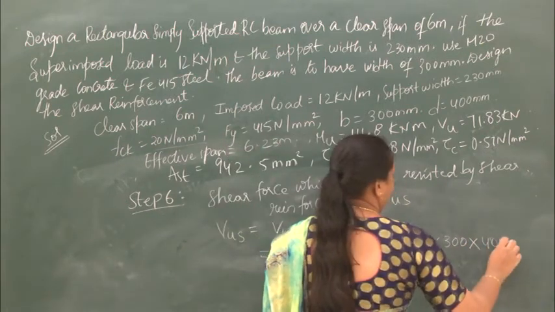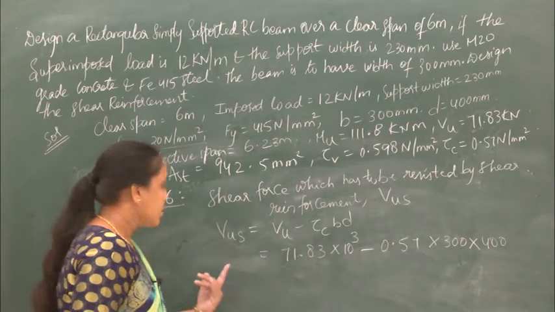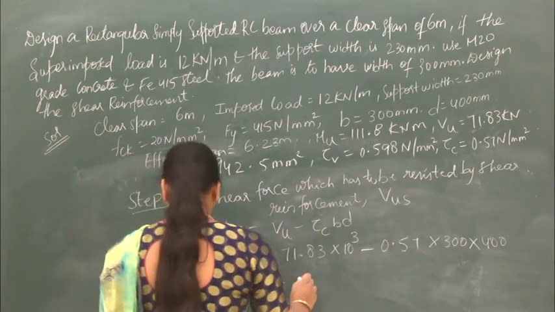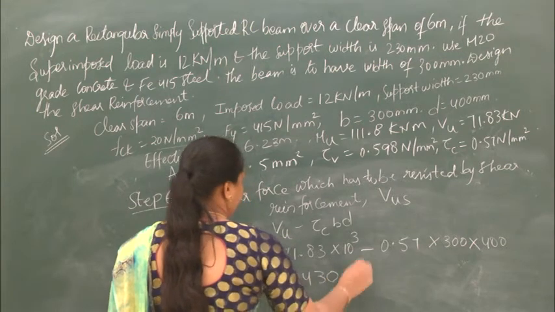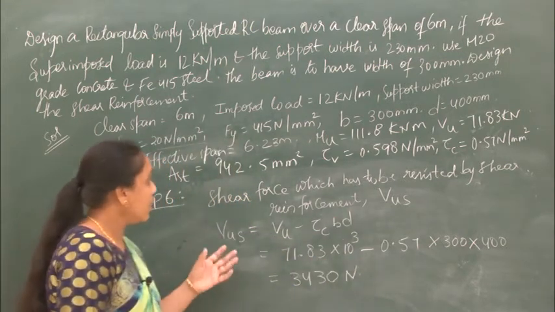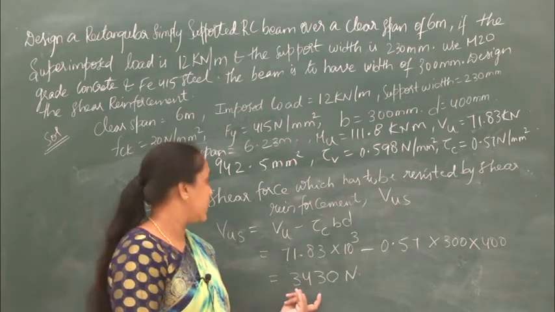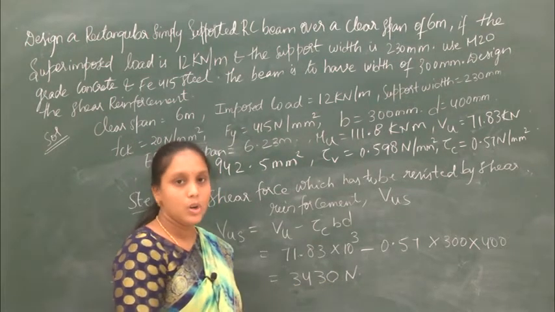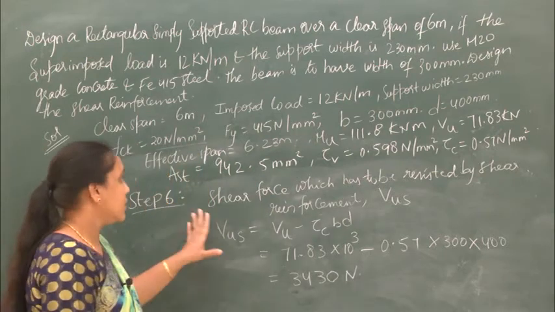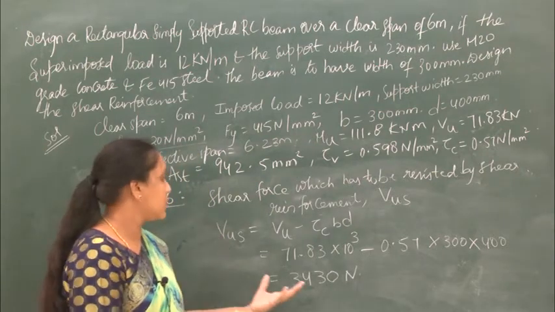It is 400 mm. So if you solve this, you will get a value of VUS as 3430 newtons. So the shear force which has to be resisted by the shear reinforcement is 3430 newtons.